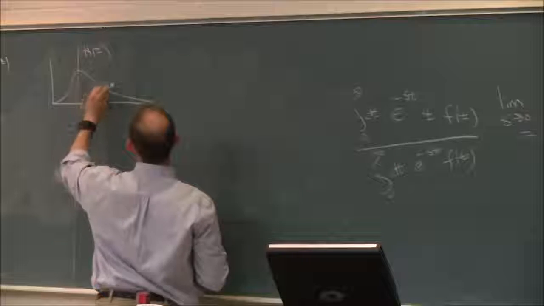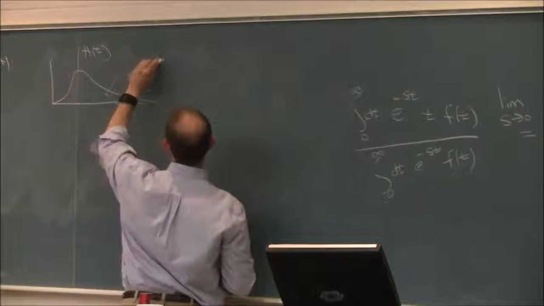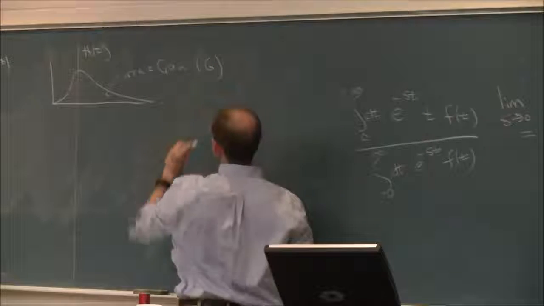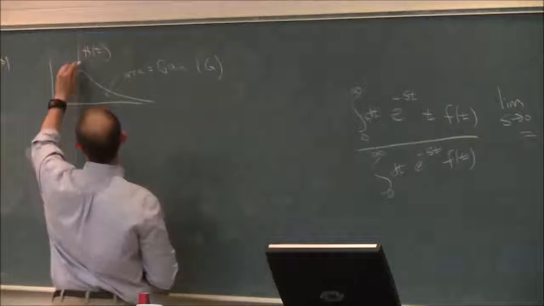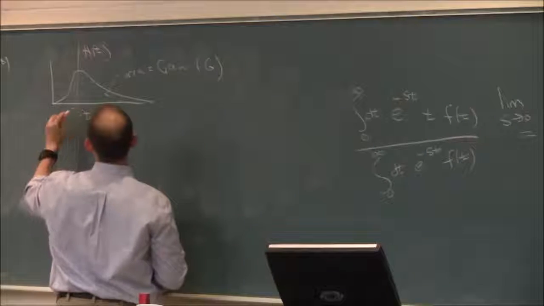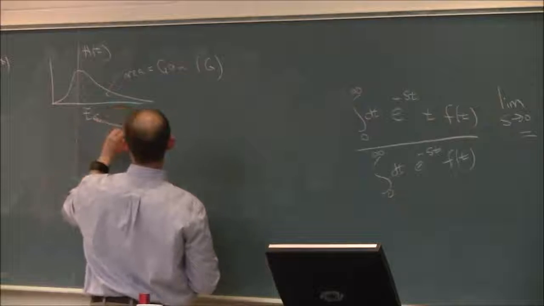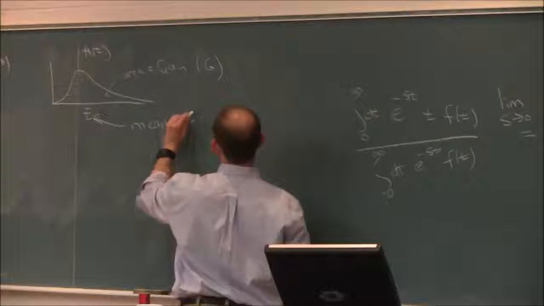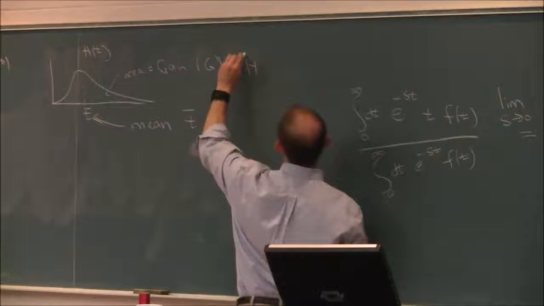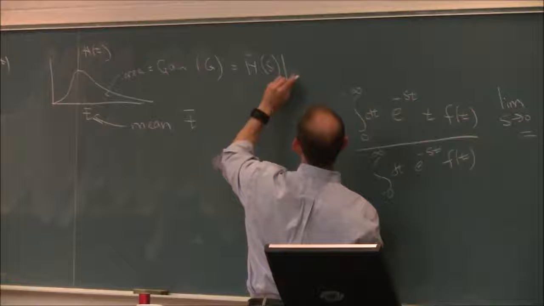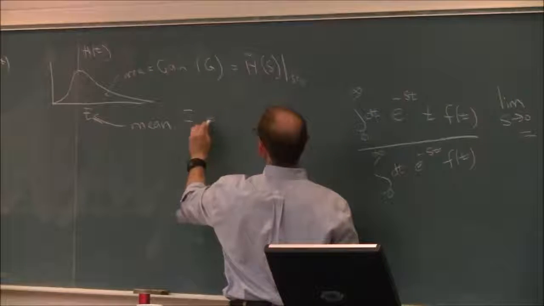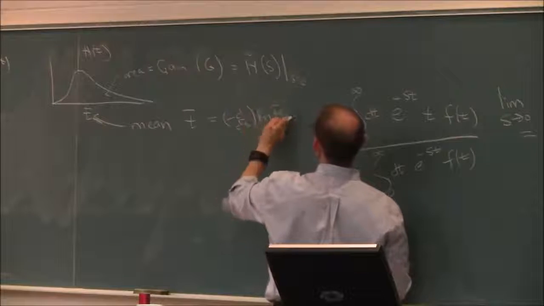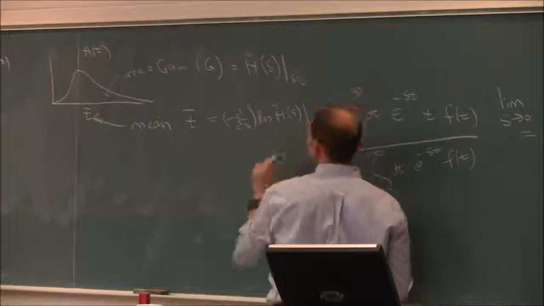The area is our gain, so we'll call that G. And then the mean value, that's t bar, is h of s at s equals 0. So that's minus d/ds of the log of h at s equals 0.